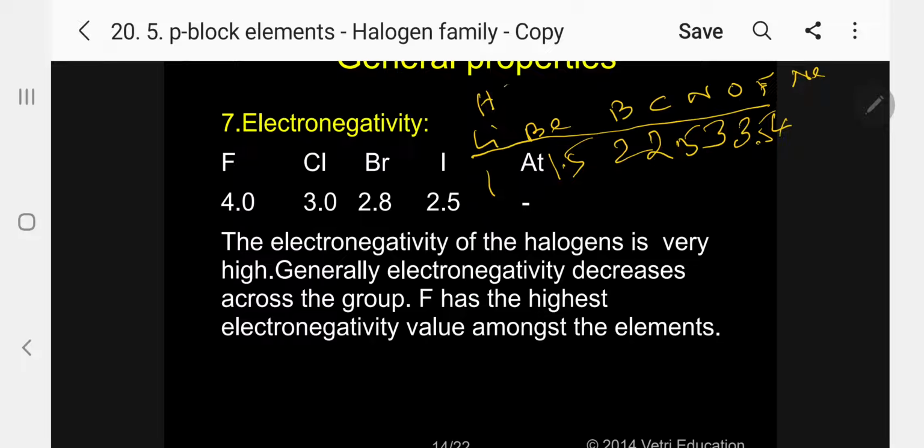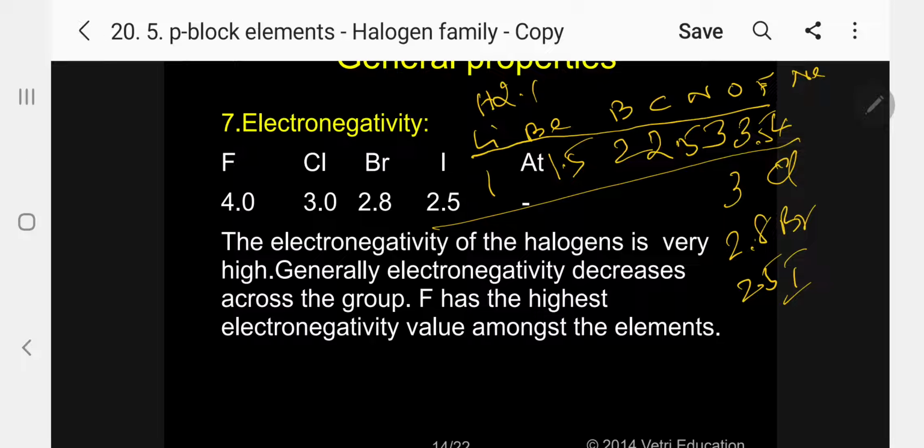Hydrogen is 2.1. Kindly follow. Here, chlorine 3, bromine 2.8, iodine 2.5. This you can also memorize easily. Why am I asking you to memorize this order? Because this order is easy: simply starting from fluorine, subtract 0.5 and you get the value. And hydrogen you can memorize as 2.1. Why?